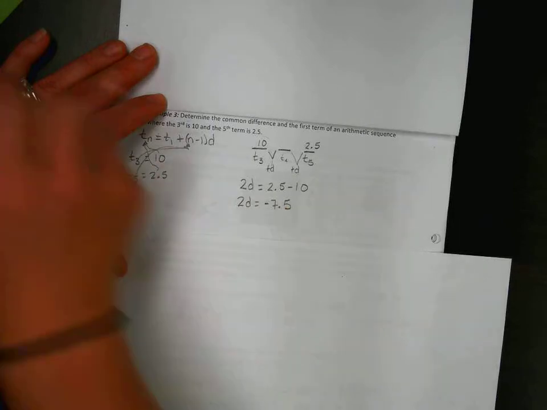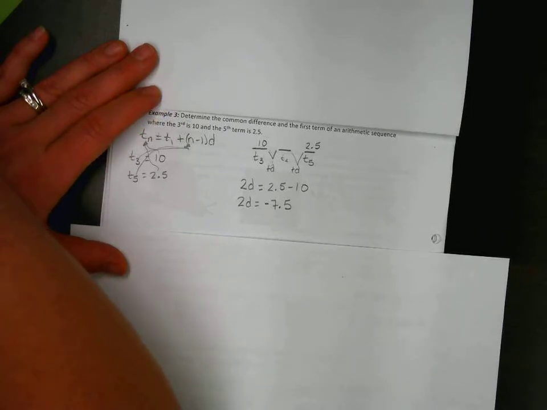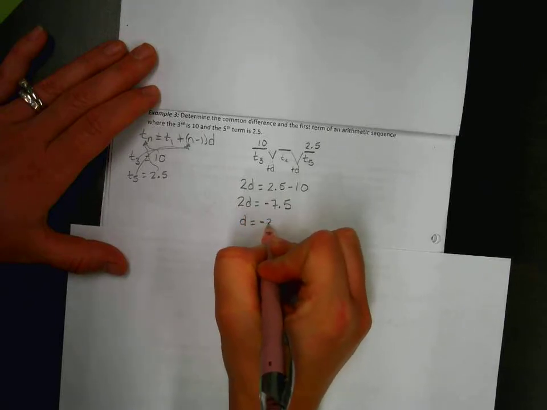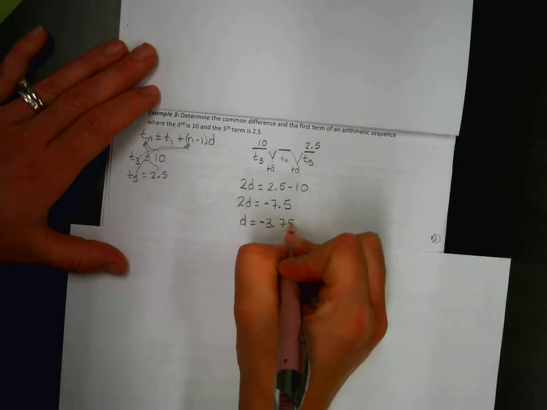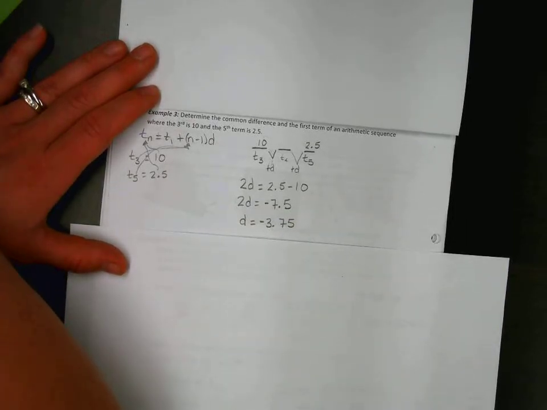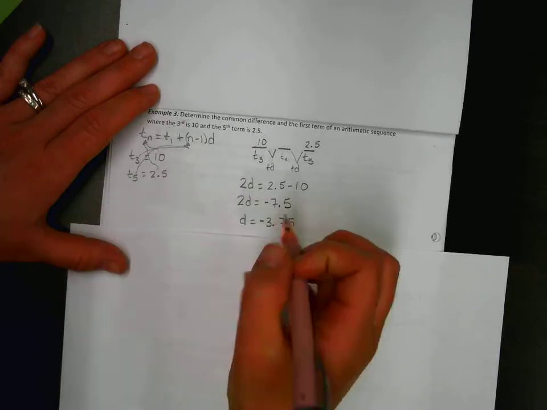And now I'm going to divide both sides by 2, and I get a common difference of negative 3.75. So this is my common difference.